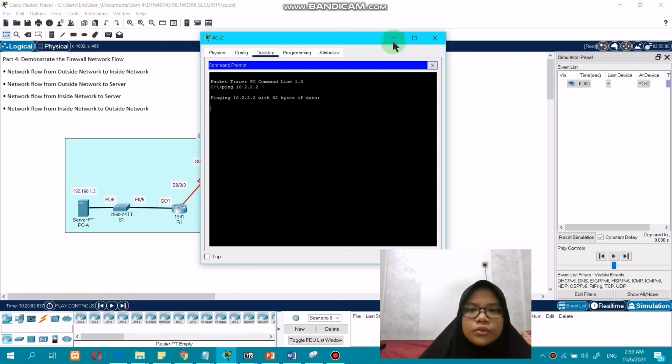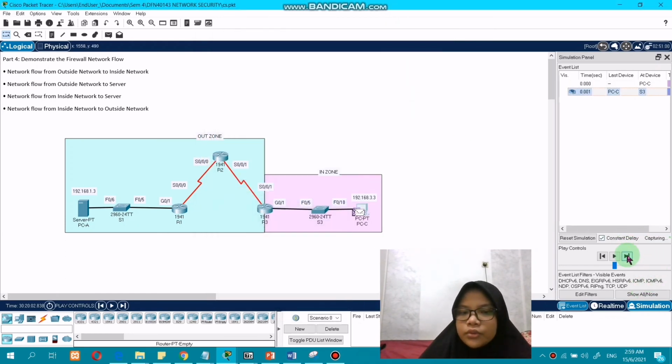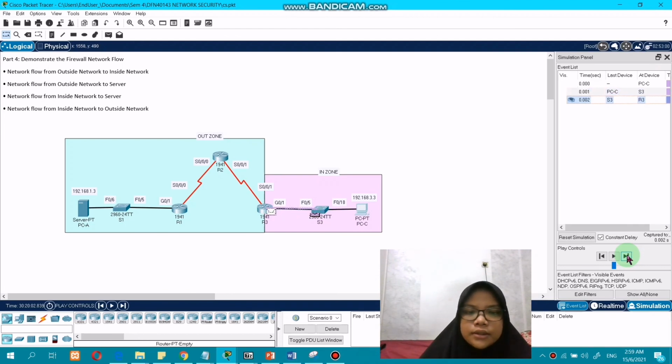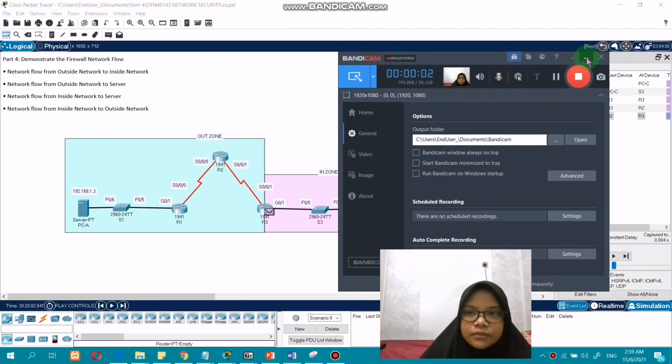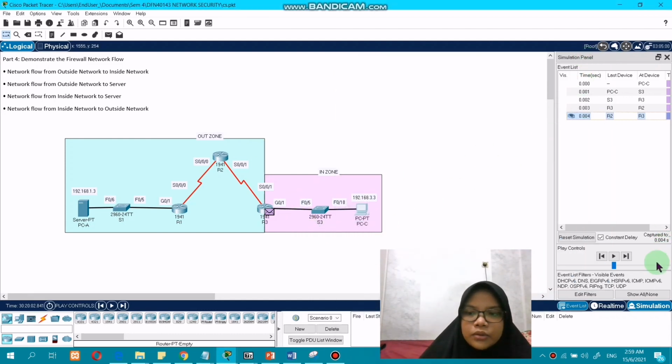So success. Go to router 2. So the connectivity is successful.